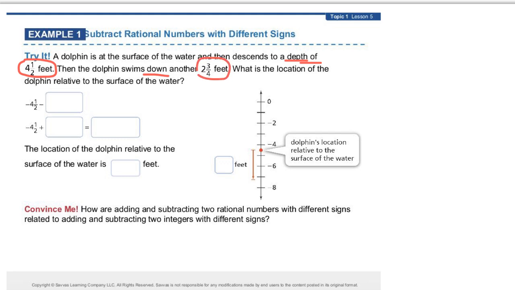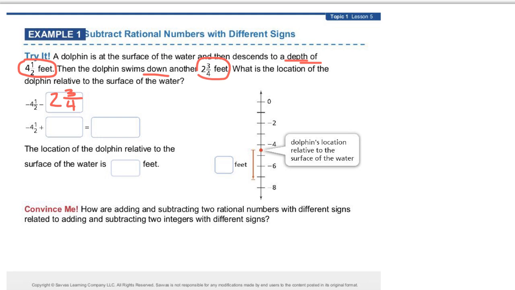And so what is the location of the dolphin? So I always have a little bit of difficulty with the boxes, but this one seems to be pretty simple to me. It starts at negative 4 1/2 feet, and it's going down another 2 3/4 feet.